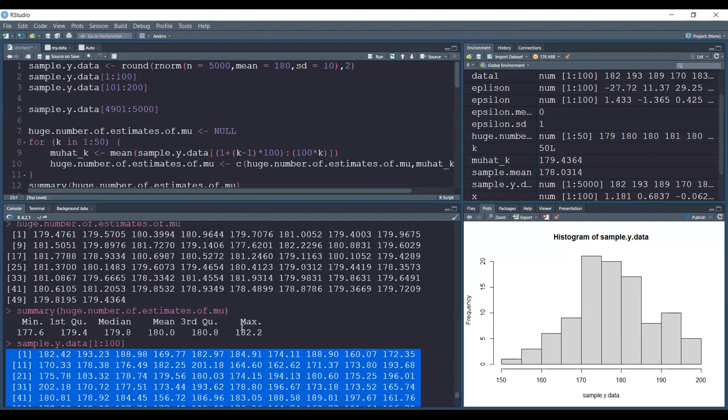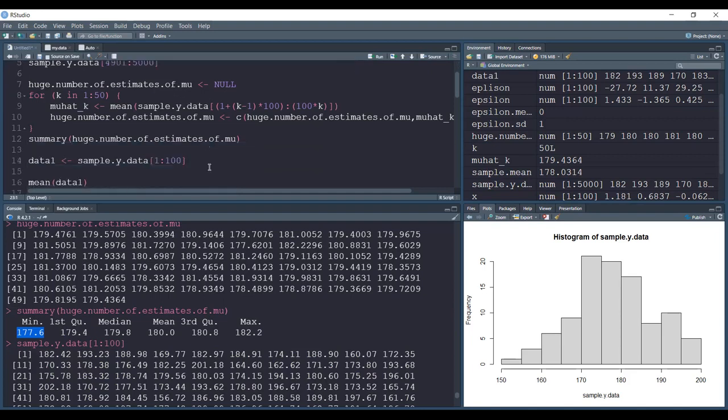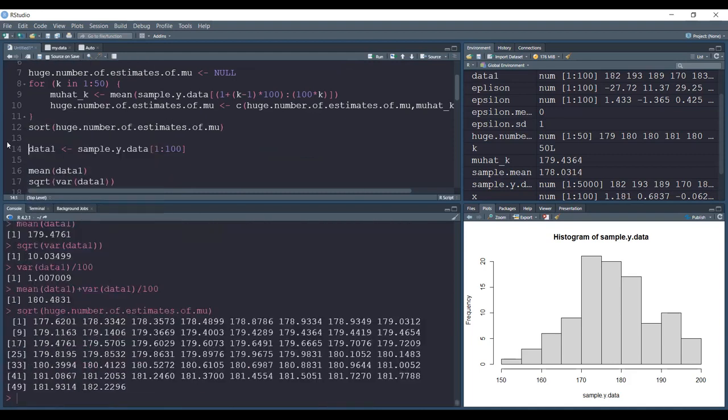So the highest one was 182.2, but the minimum is basically canceling that maximum. And we could sort this data. This is very simple, but I'll do it so it's something else that we can say we've done in R. They're now in ascending order. This one is going to basically make up for this one, etc., etc.